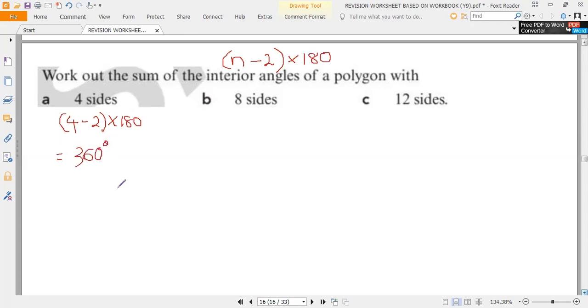So if the polygon has 4 sides, the 4 angles inside together will become 360. That's why the total angle inside a trapezium, square, rhombus, parallelogram, all these are actually 4 sides, so all will have 360 in total. Next, 8 sides. 8 minus 2 gives 6. 6 times 180.